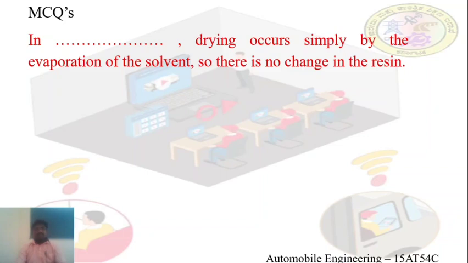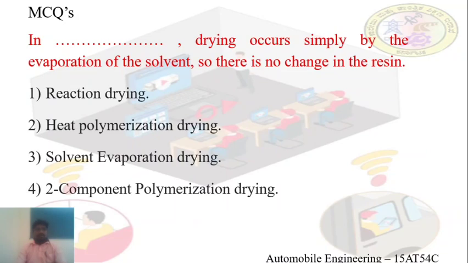The options are: reaction drying, heat polymerization drying, solvent evaporation drying, and two component polymerization drying. The correct answer is option 3, solvent evaporation drying, because in this type the drying occurs simply by evaporation of the solvent. It doesn't require any kind of heat.